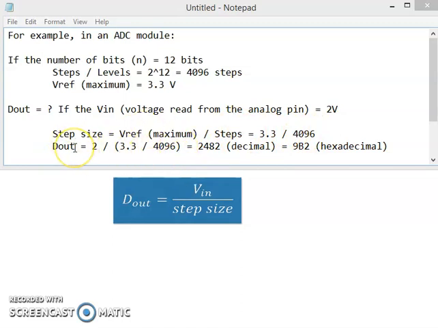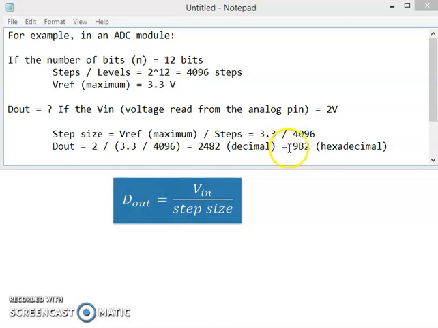So the output digital value is equal to 2 divided by the step size, which is equal to 2482 in decimal. This is the converted value that we can get from the ADC module based on this formula. But if we read the value inside the register of the microcontroller, we will read the hexadecimal value or its binary value.